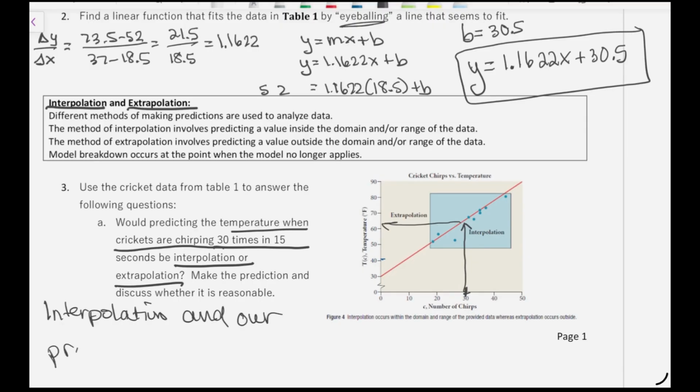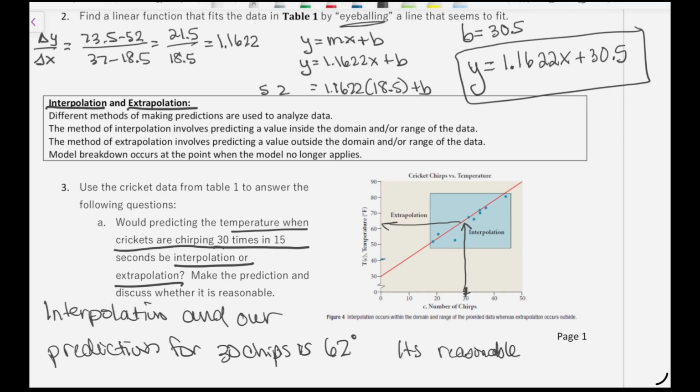Our prediction for 30 chirps is 62 degrees-ish Fahrenheit. I think it's reasonable. It's reasonable based on the values in our table and the fact that our input here is within our interpolation window. So it's within the domain of values.